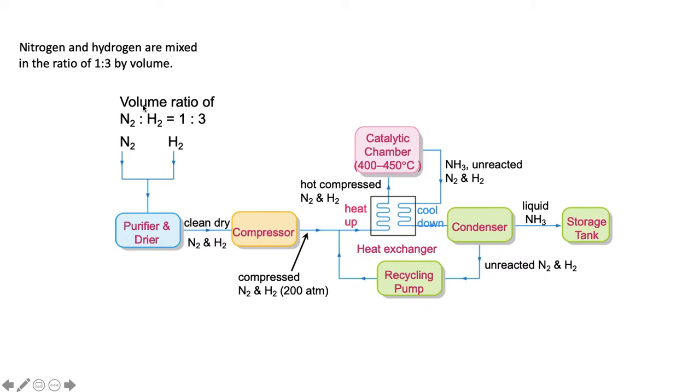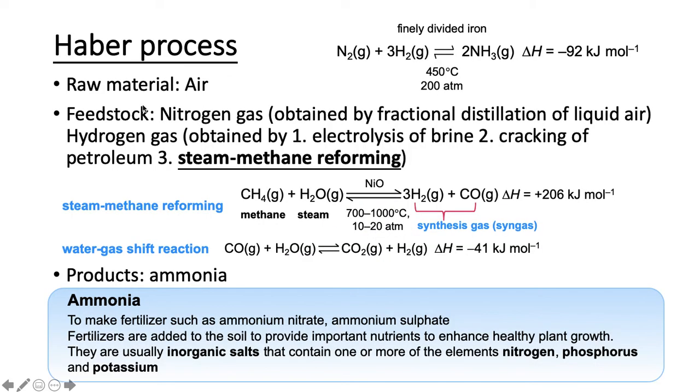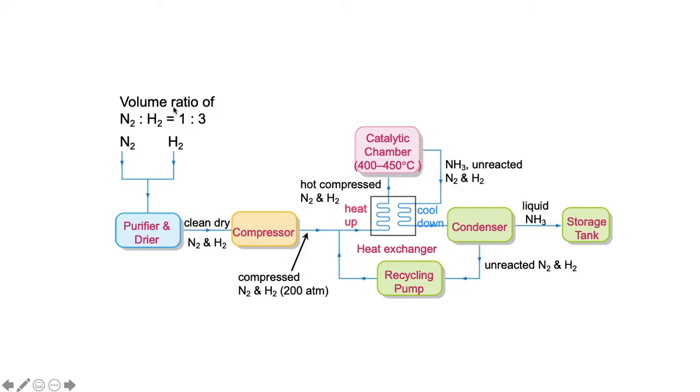Based on the chemical equation of the Haber process, you can see that the mole ratio of nitrogen gas and hydrogen gas is 1:3, and gases occupy the same volume at the same temperature and pressure. So if we control the volume ratio to be 1:3, then the mole ratio of nitrogen and hydrogen gas will also be 1:3.